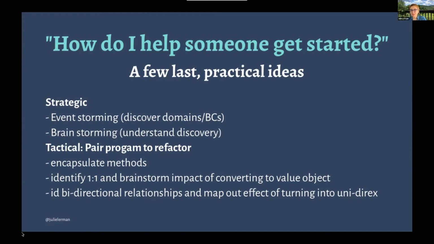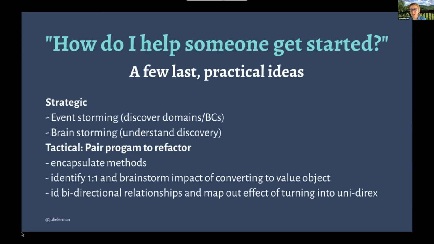Event storming is this big workshop where it's really active, and this is where we really intensely look at our business, the overall business problem, and try to discover what are the different domains, what are the different boundaries, what are the different bounded contexts.